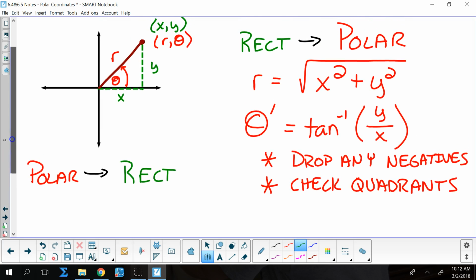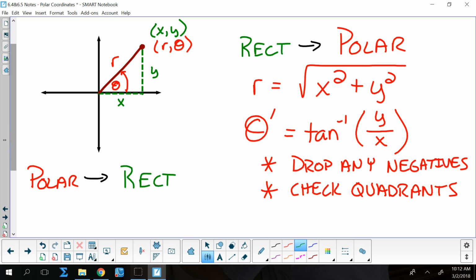So now I have the distance that I am away from the pole, and I have the angle that I'm at. How am I going to find the x part and the y part of my rectangular point?